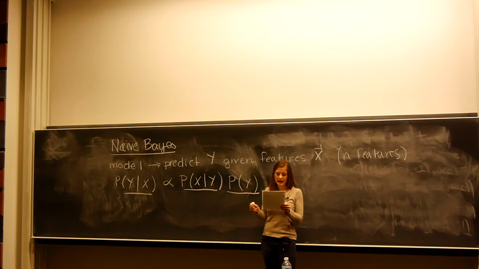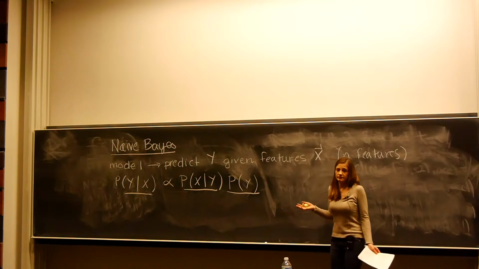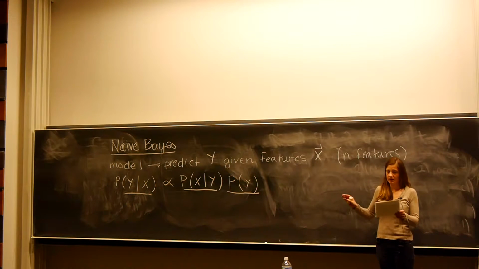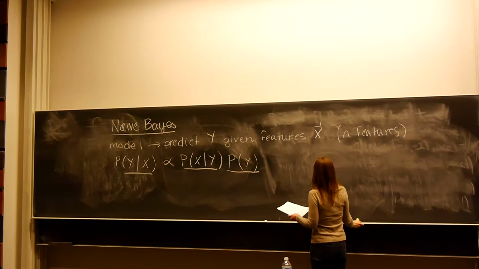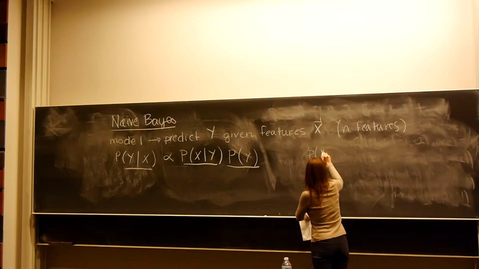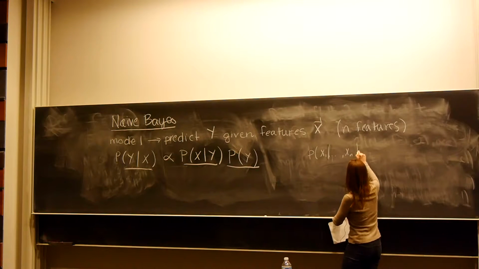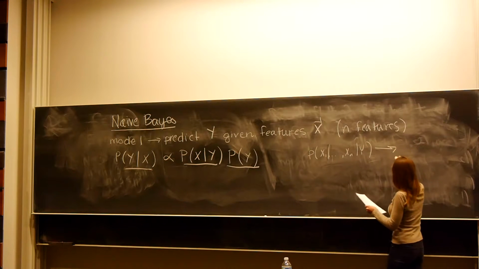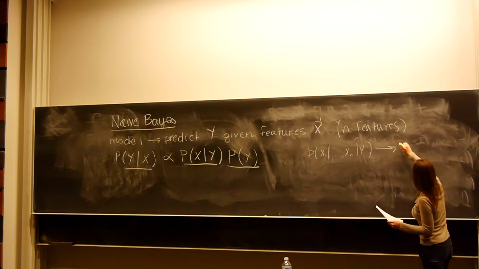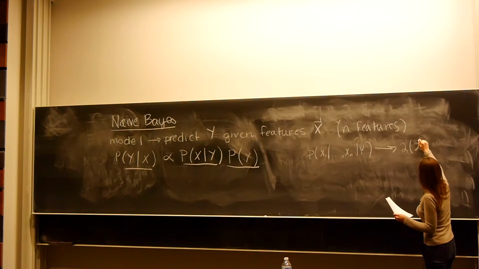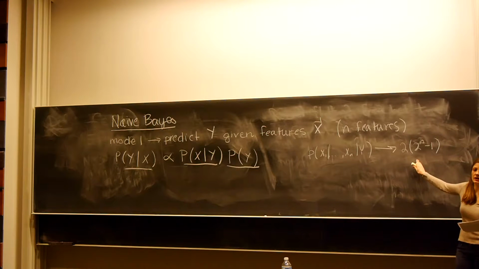So as we talked about in class, let's say each of your features xi is Bernoulli, and you have n features, then in order to specify a probability of x given y, well, let's say x1 through xn, how many parameters do you need? Well, you need specifically 2 times 2 to the n minus 1, right? So this is order of 2 to the n parameters.